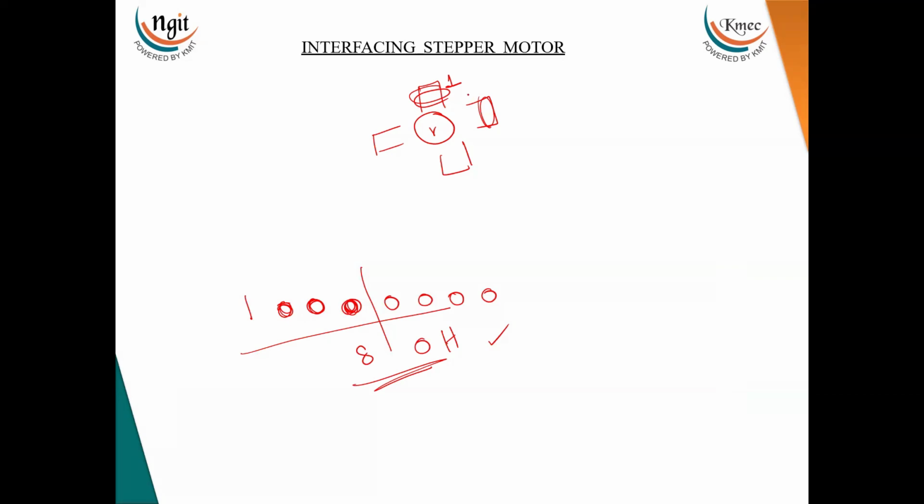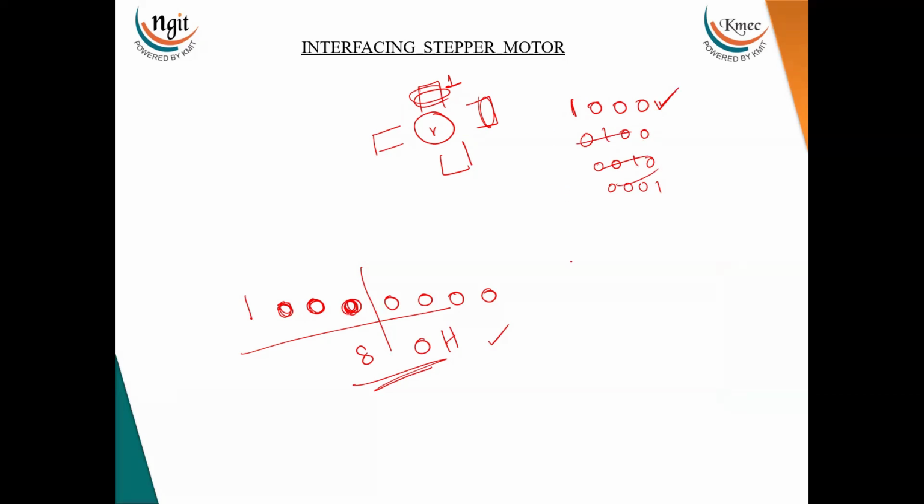Here only 4 poles are there, so we need to apply 4-bit data. We have to ensure that whenever you give the data, in your 4-bit data only one bit should be 1. Like this you can give the data, or like this, or like this. Any one of these you can give. Here I am taking the 8.